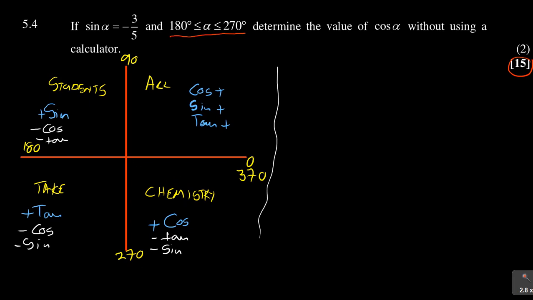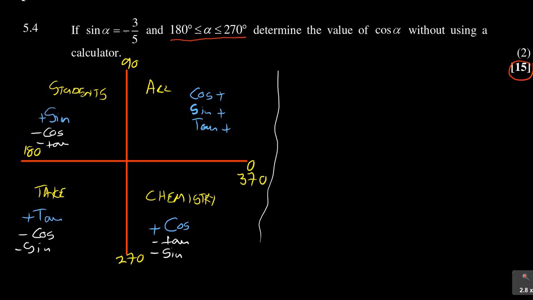Now they are saying we are given that sin alpha is equal to negative. So the key part is you can see that sin is negative. So you ask yourself, where is sine negative? Sine is negative either in this particular quadrant or this particular quadrant, and they gave us a hint. It must be between 180, which is from this part, to 270, which is to that part.